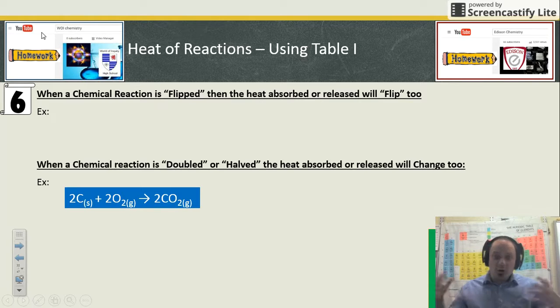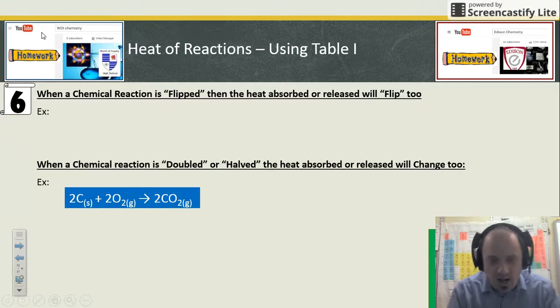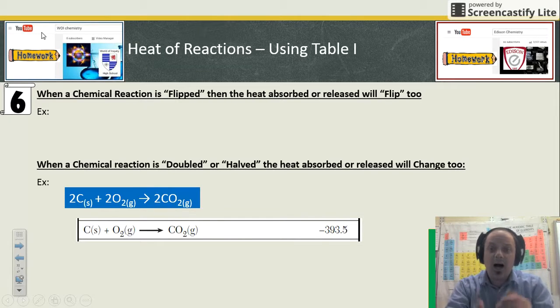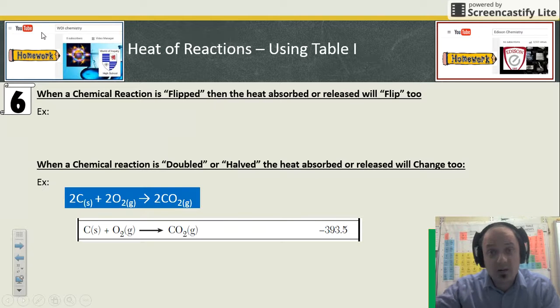If you double or triple or half a reaction, the amount of heat has to be doubled, tripled, or halved as well. And you can tell a reaction has been doubled by looking at the coefficients in front of our compounds. On table I, you see carbon solid plus oxygen gas makes carbon dioxide gas, negative 393.5. That's the amount of heat it releases. But the reaction I drew here is 2 carbons plus 2 oxygens makes 2 CO2s.